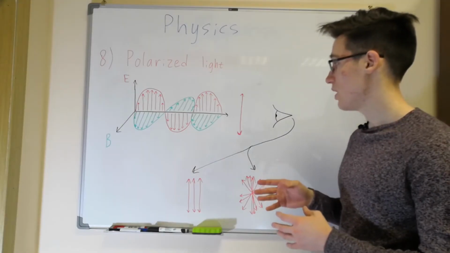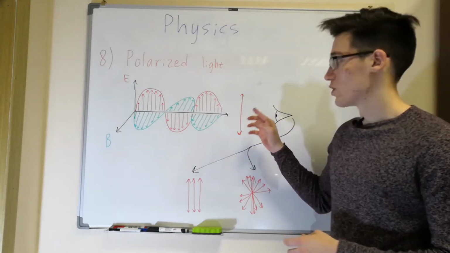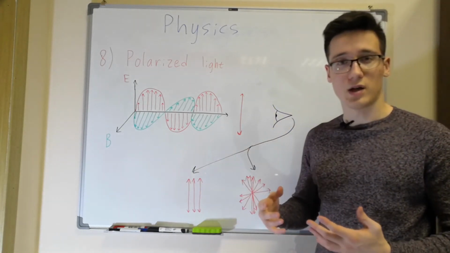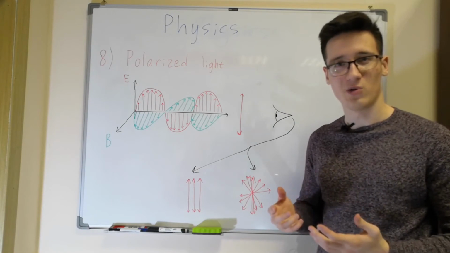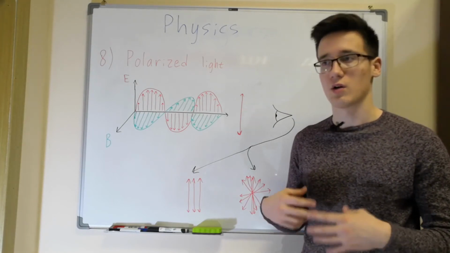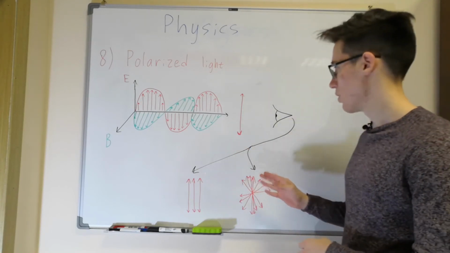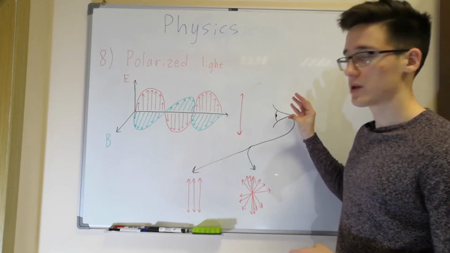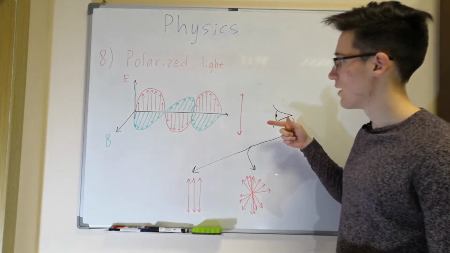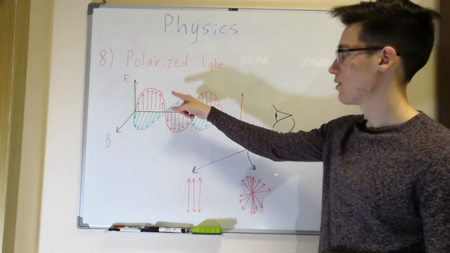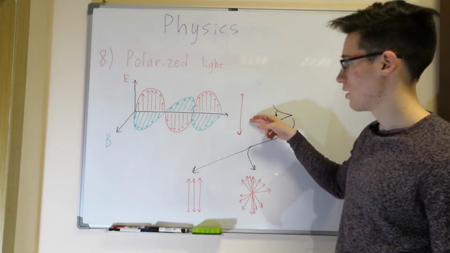So if we look at the electromagnetic wave, which is, by the way, light. Light is the most common electromagnetic wave that we know. Also X-rays, radio waves, they're all electromagnetic waves. So if we look at an electromagnetic wave from this direction, we will see that the electric field fluctuates in a plane.